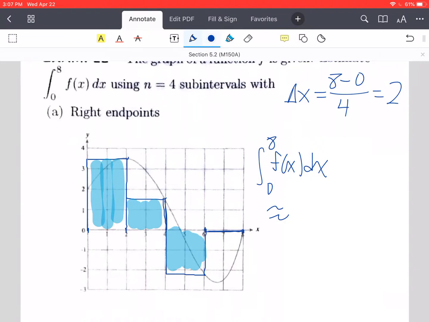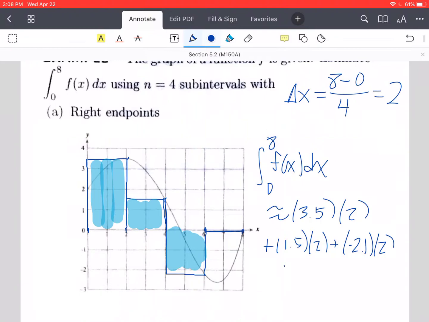So the first rectangle looks like about 3.5 times the width is 2, plus height of the second one looks like about 1.5 times 2, plus negative 2.1 it looks like, times 2, and then plus 0 times 2.